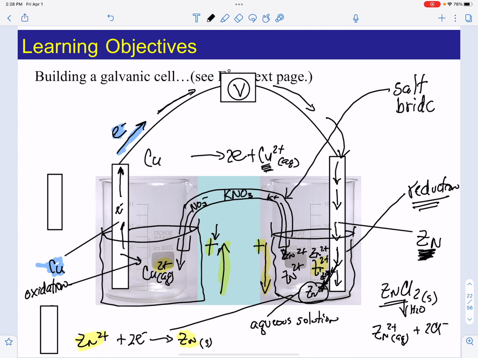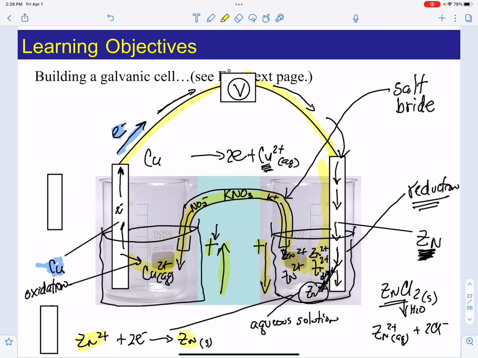It's a bridge connecting one beaker to the other, one compartment to the other. So this way, what we have is a flow of electrons coming through there, going in, continuing the movement of charge through the salt bridge, and connected there. So we completed a circuit.